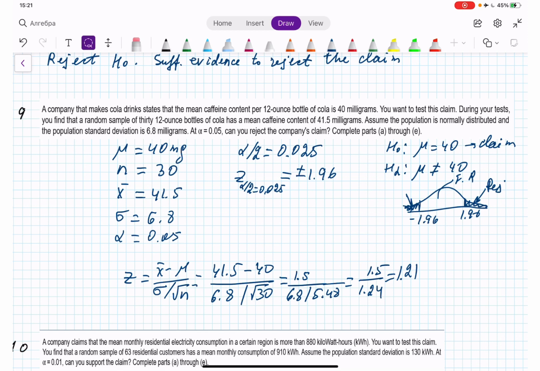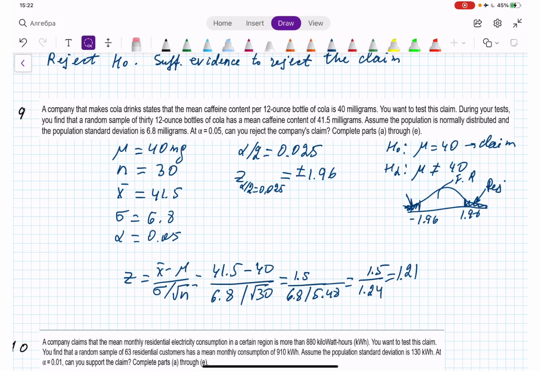And so from here, we need to find out whether we can reject or fail to reject the null hypothesis. So I'm going to take the z-score, our standardized z-score, and compare it to the z critical and see if it's in the rejection area or not.